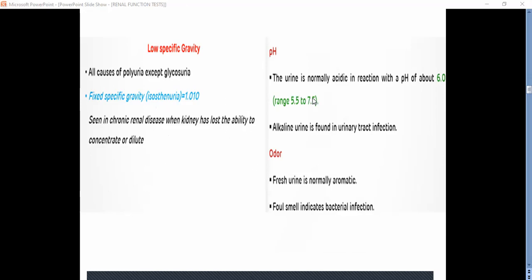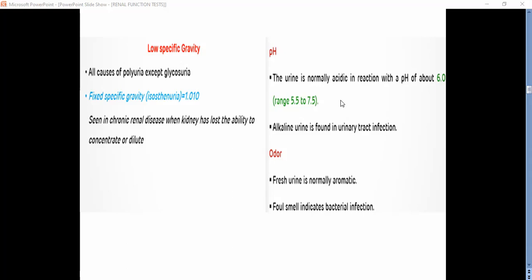Next, coming to the pH. Urine is normally acidic in reaction, with a pH of about 6 and a range of 5.5 to 7.5, based on our metabolic excretory products. Normally the pH of urine is at the acidic level only. Alkaline urine is found in urinary tract infection.